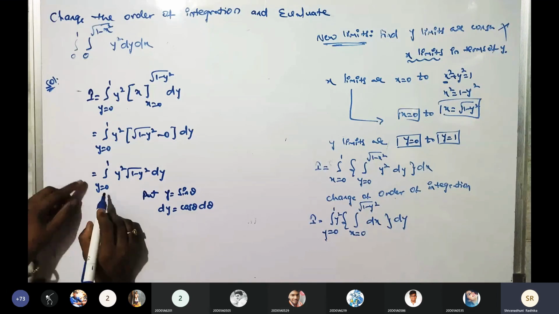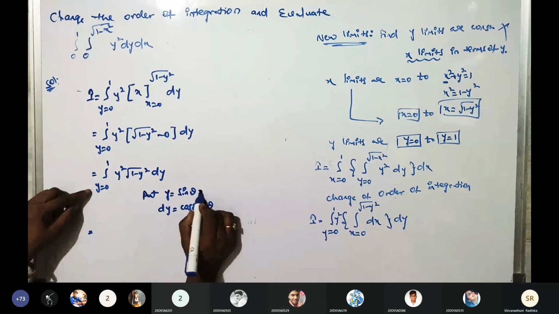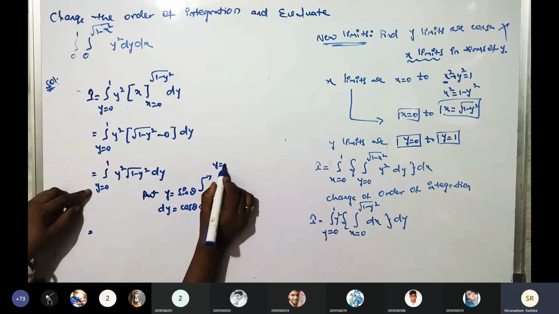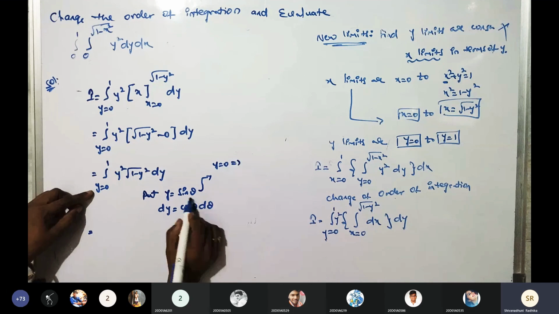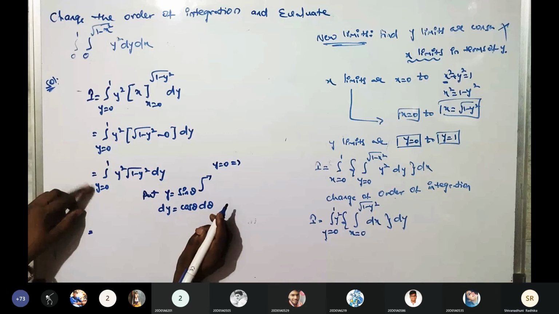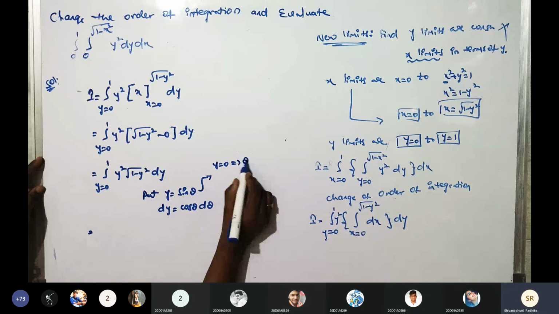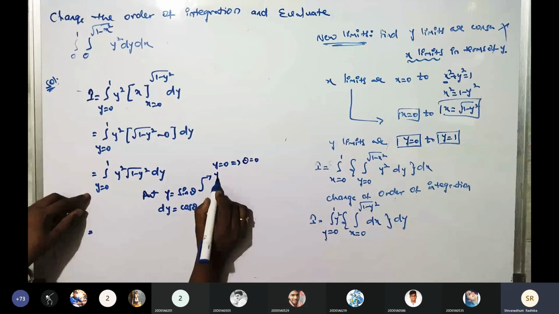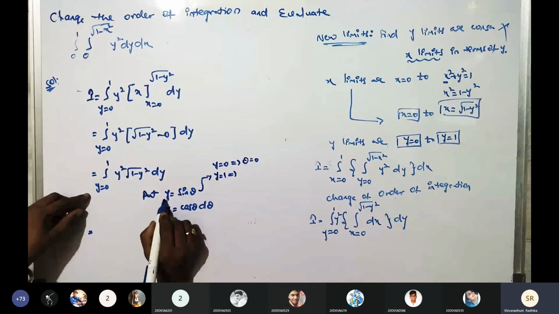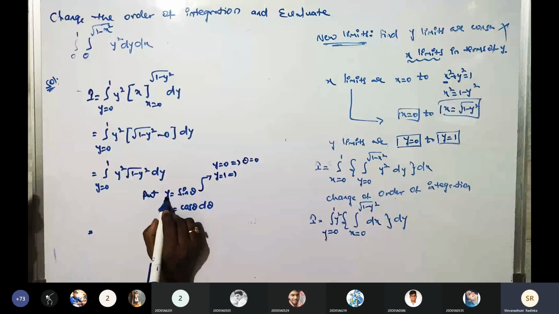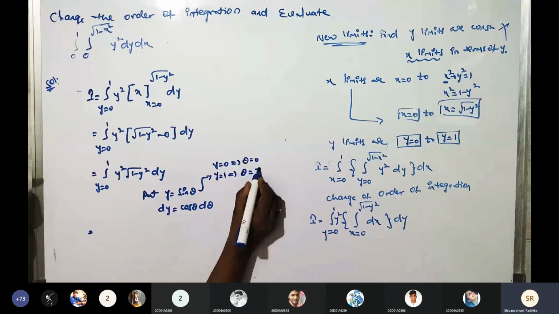Now when y equals 0, substituting sine theta, what are the theta limits? Theta is also 0. Then y equals 1, sine theta equals 1, that means sine 90. Theta equals pi by 2.